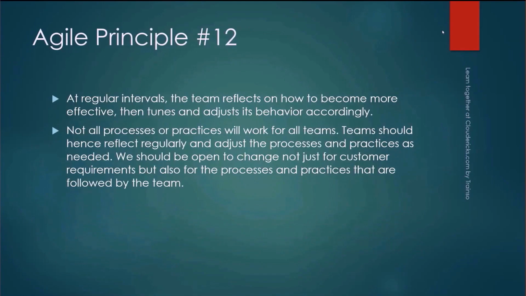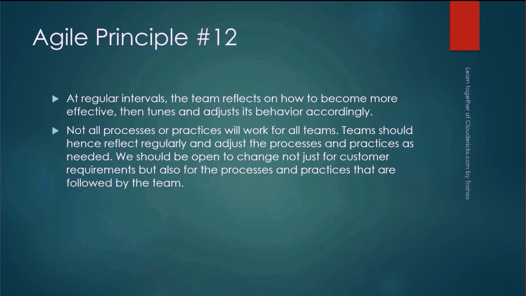Agile principle number 12, at regular intervals, the team reflects on how to become more effective, then tunes and adjusts its behavior accordingly. Not all practices and processes will work for all teams. Teams should hence reflect regularly and adjust the processes and practices as needed. Certain things will work with certain teams, certain things may not work with certain teams.